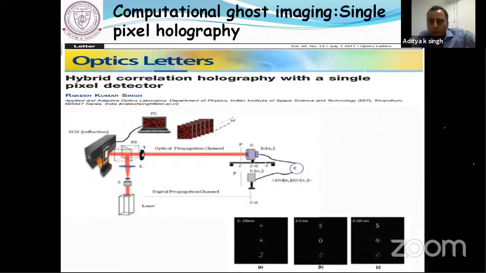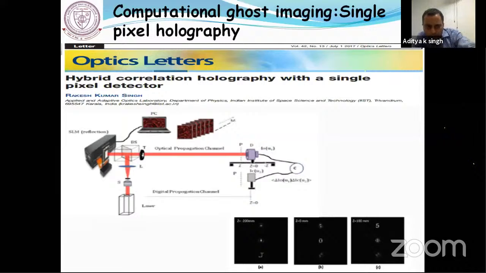the SLM is loaded with a random pattern. It's a kind of speckle pattern, and this random pattern, which is loaded by the PC to the SLM, will be encoded into the incoming beam, and after being encoded with a random pattern, it will illuminate your object T, which is a kind of transparency.